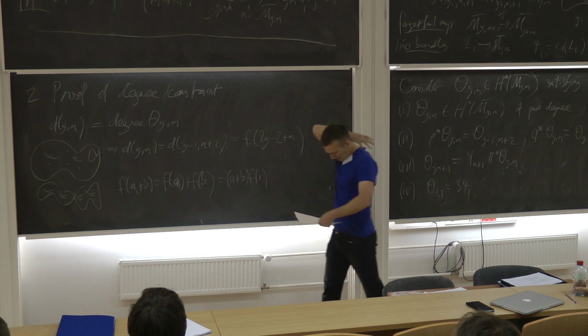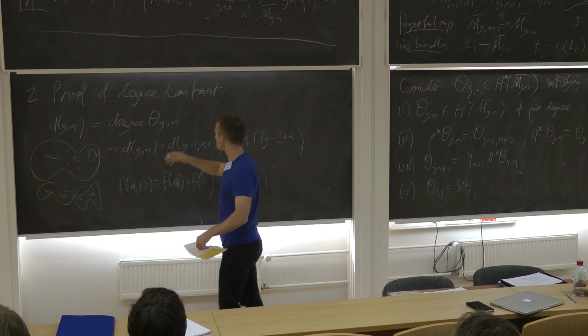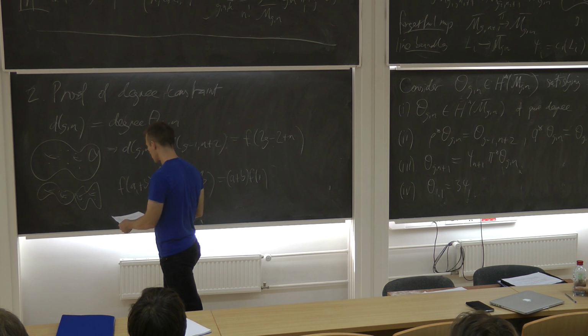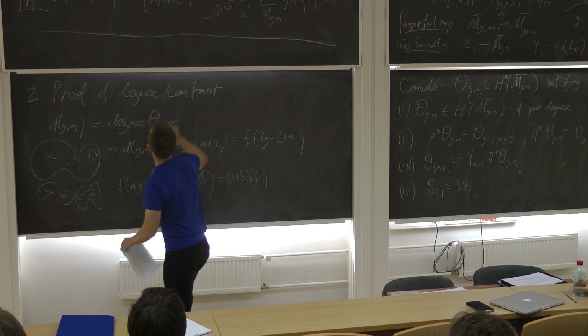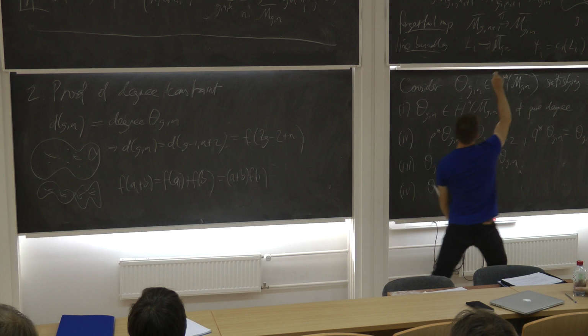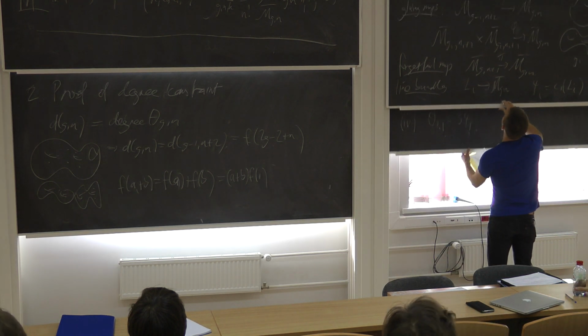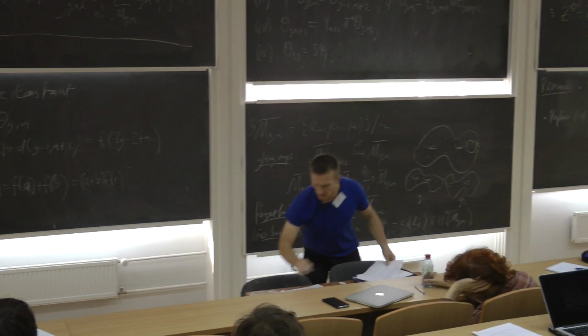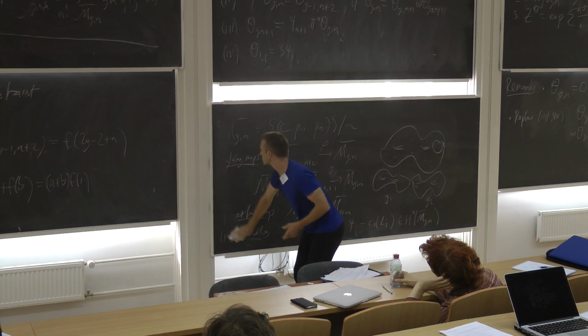Okay, so what that tells us is that d_g(n) is a multiple of 2g minus 2 plus n. So I'll put this up here.